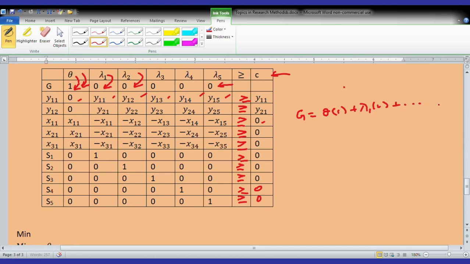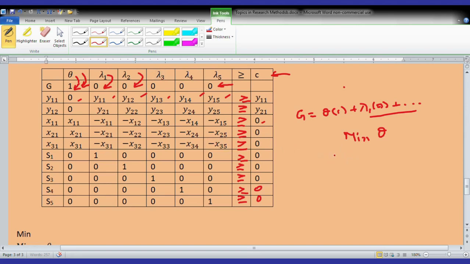Because all other elements become equal to 0, I will be having minimize G, or the way they write in text, minimize theta. And we are minimizing theta over these lambdas, remember.